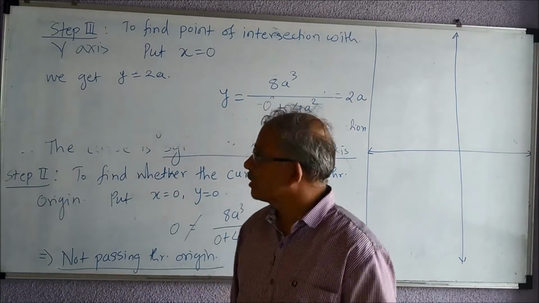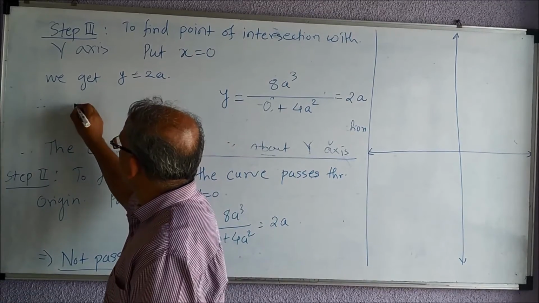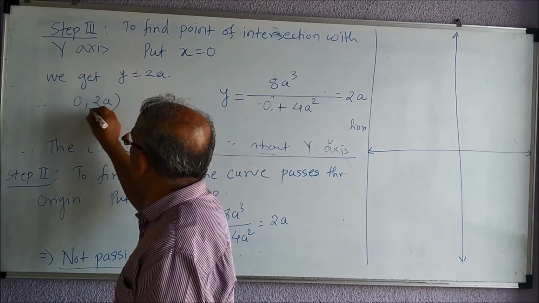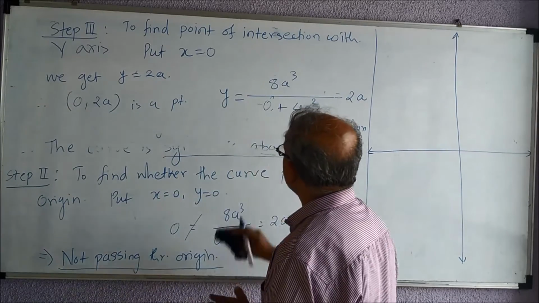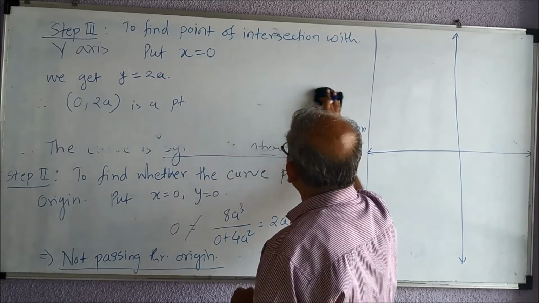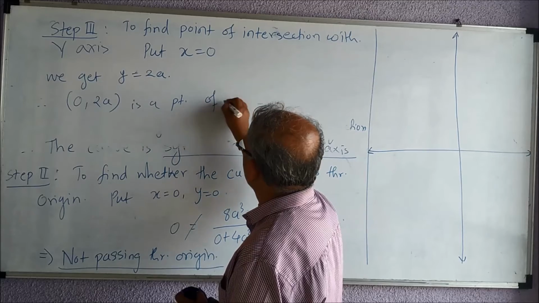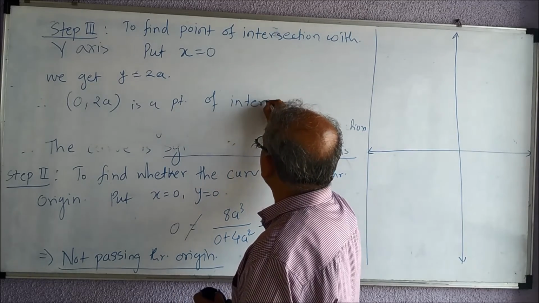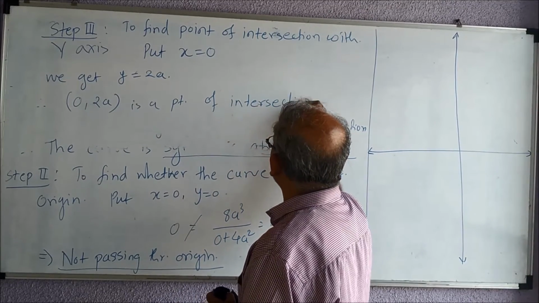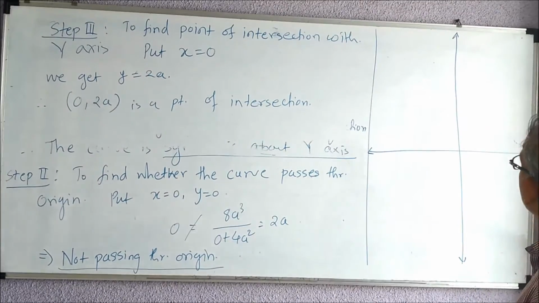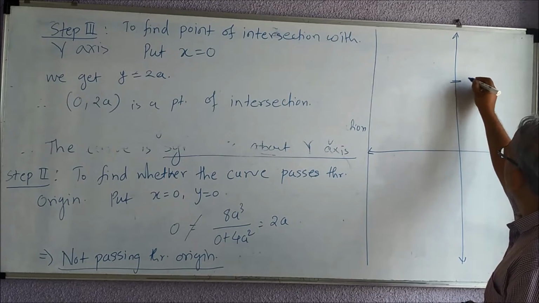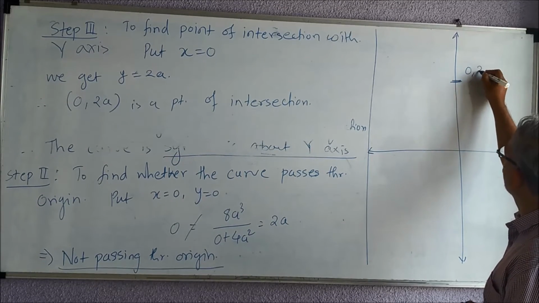So what is the point of intersection? Therefore, (0, 2a) is a point of intersection. Got it? Suppose, let me draw it here. This is (0, 2a).